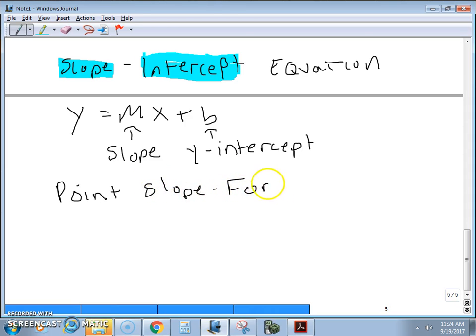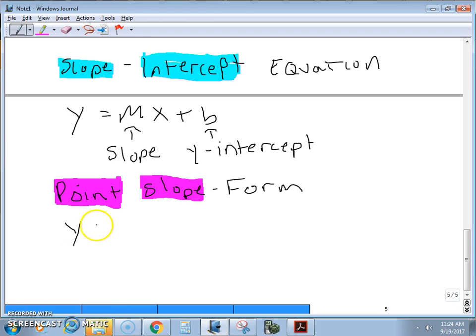And we did do this in Algebra 1, but I know we never hit on it as much as we should, but it makes it a lot easier to use. We use this one when we have a point, right, and the slope, but we don't have a y-intercept. So instead of having to go back and solve the slope-intercept form for the y-intercept, all we have to do is put it into this form.